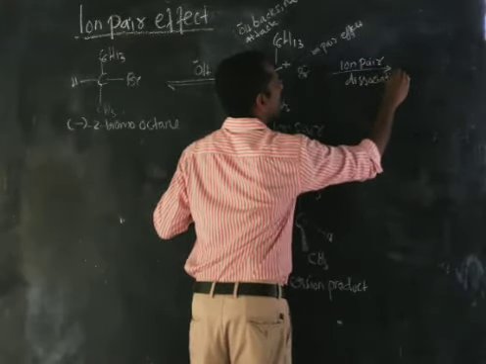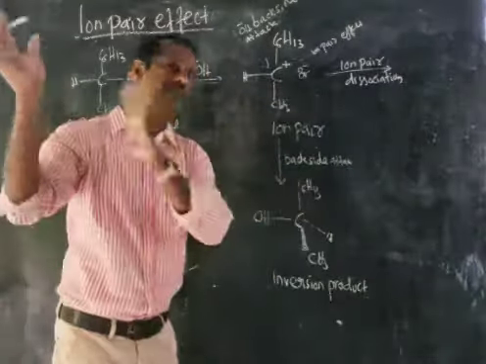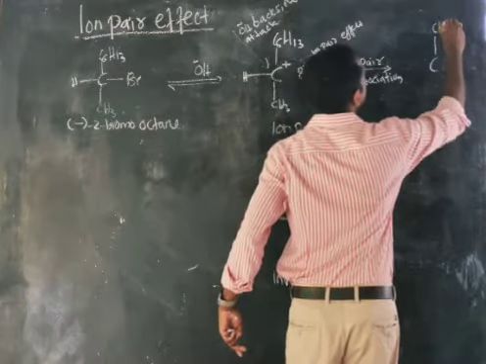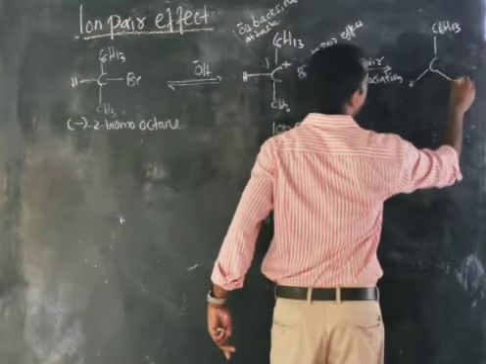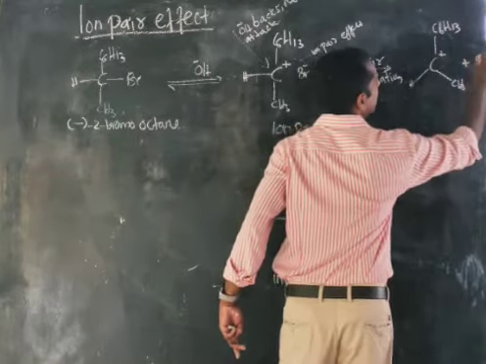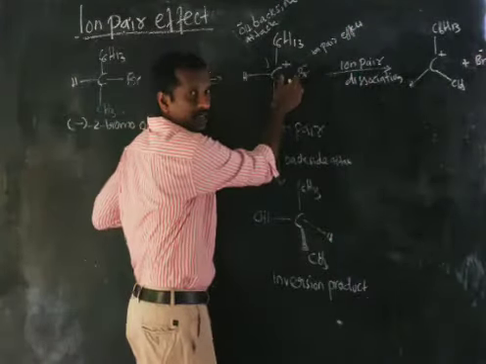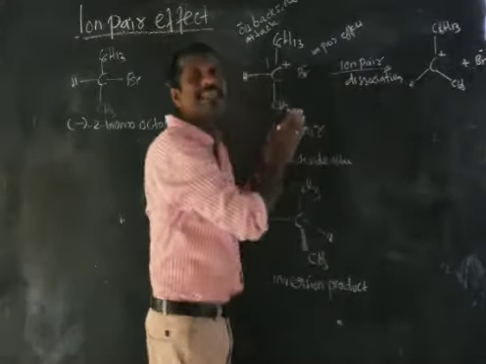What do you mean by ion pair dissociation? The Br minus is completely dissociated and moved away. Here you see C6H13, H, and CH3. There is a carbocation plus Br minus. Here there is no plus sign because there is an interaction between these two, that means not completely separated.